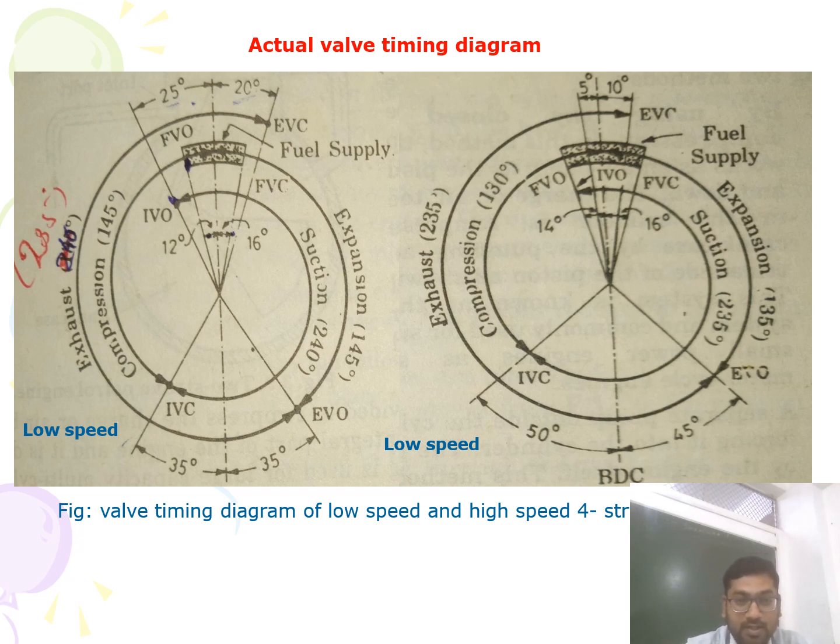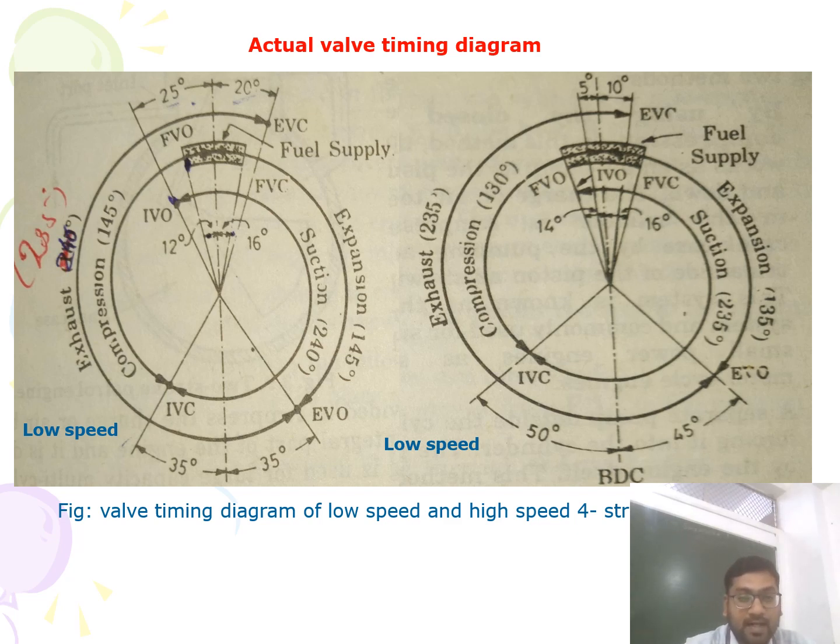So you can observe that the suction stroke is about 240 degrees instead of 180 degrees. This is because more air enters the engine cylinder, which increases the volumetric efficiency, gives better combustion and better output of the engine.